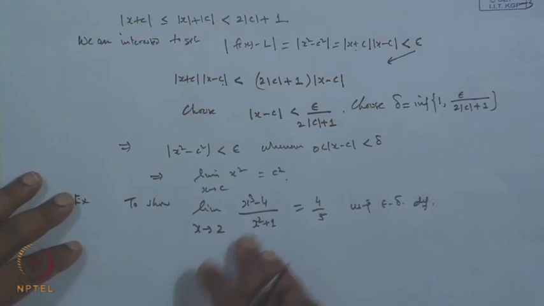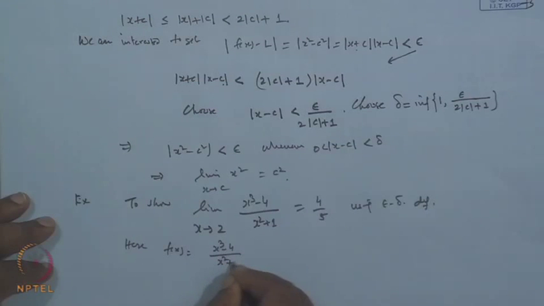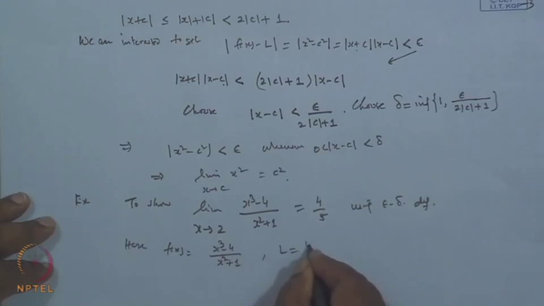So, this is our function f(x), here f(x) is (x cube minus 4) over (x square plus 1), and L is 4 by 5.